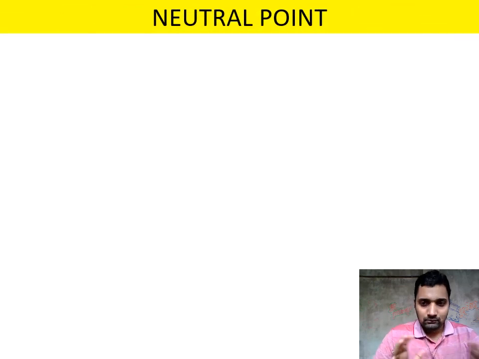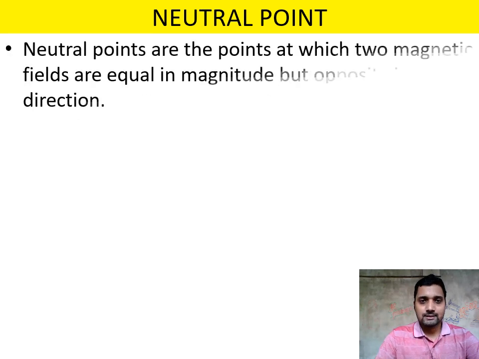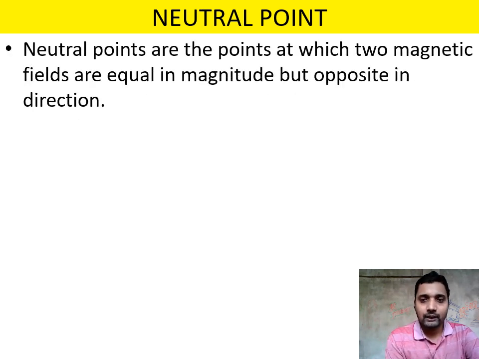If we look here, when we place a magnet on a paper and try to draw the magnetic field lines using a magnetic compass, we get a neutral point. So what is the neutral point? It is the point at which two magnetic fields are equal in magnitude, meaning the magnetic strength is the same, but in opposite directions. Here there are two magnets, one is the earth magnet and the second is the bar magnet, and both have magnetic field lines.